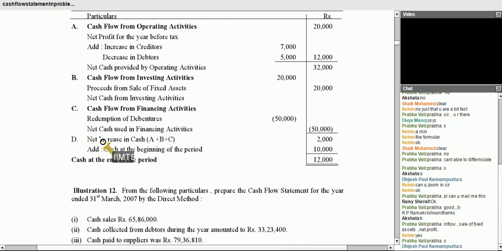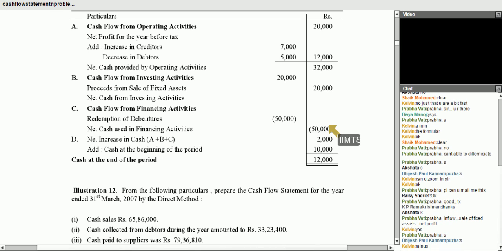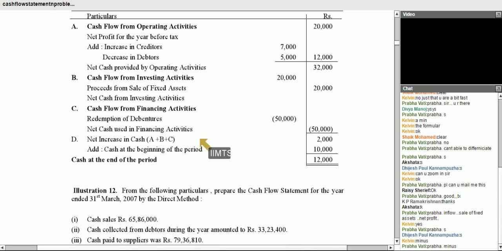Right, so my net increase in cash will be how much? The sum of this 32,000 plus 20,000 plus 50,000. Sorry, minus. Yeah, minus. This is the net cash flow in financing activities, 50,000.